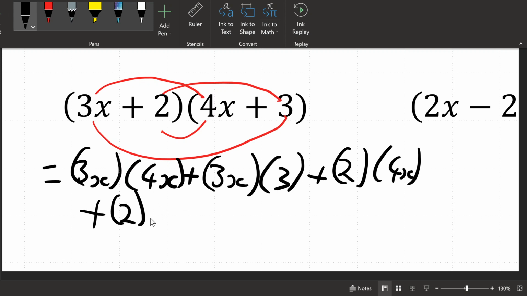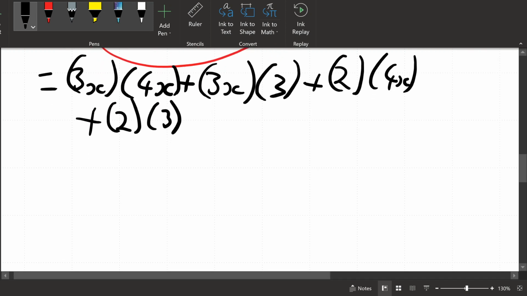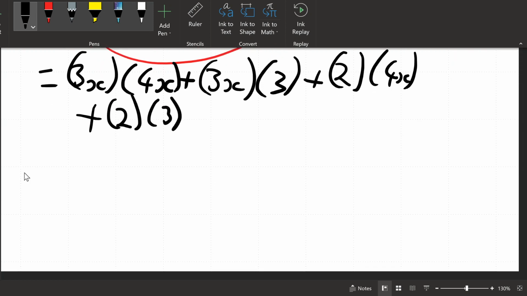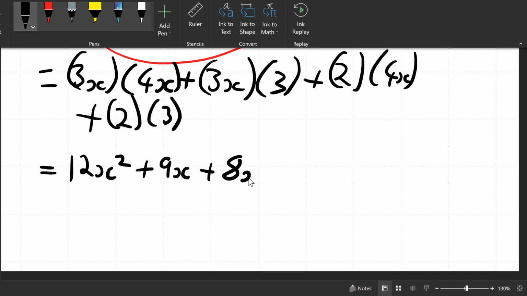Okay, I'm just going to have to use a second line here just because we are limited in space. And we're going to keep scrolling down. Okay, so 3x by 4x, that is, of course, 12x squared. 3x by 3, that's a 9x, plus 2 by 4x, that's going to be an 8x, plus 2 by 3, that's going to be 6.